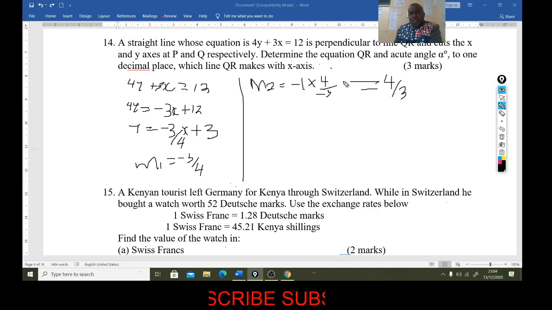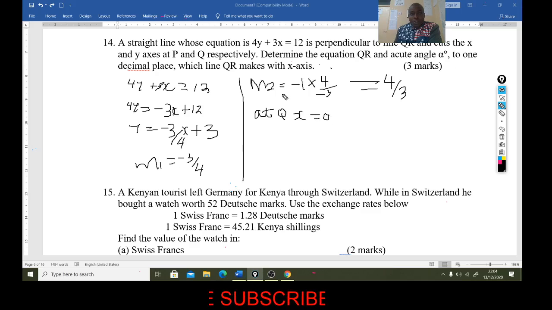Now remember, I need to find one point on either Q or R. If I use Q, we know that this line cuts the x and y axes at P and Q. So Q is on the y-axis, and on the y-axis we know x is 0.